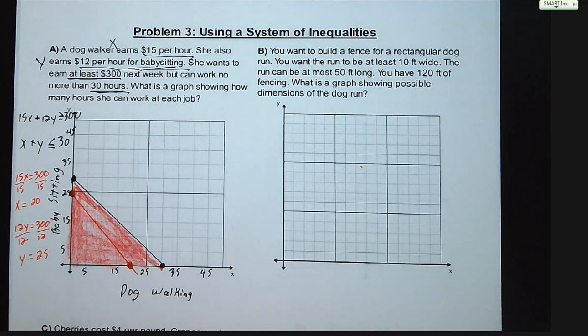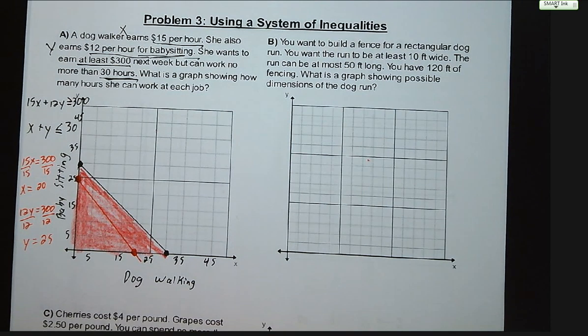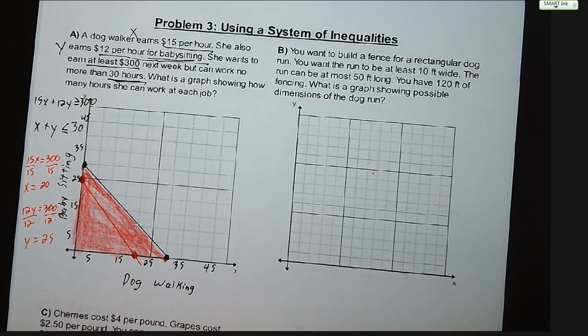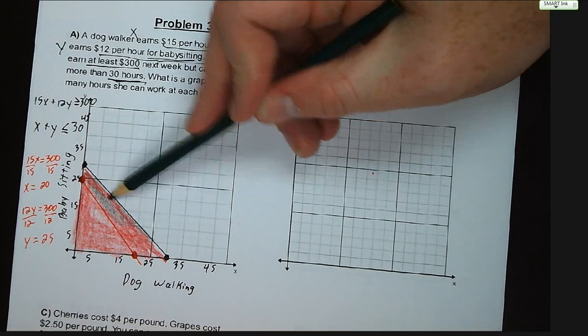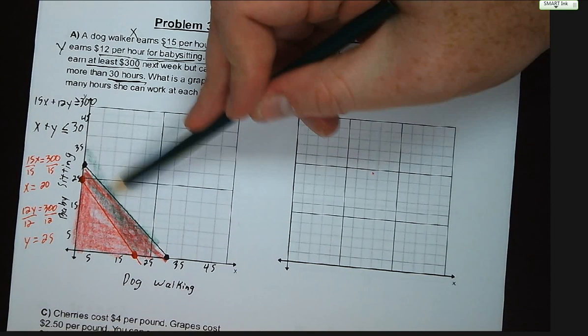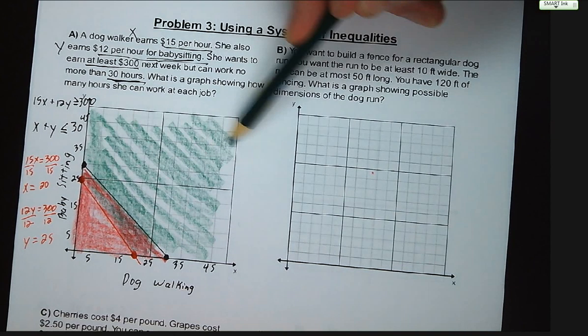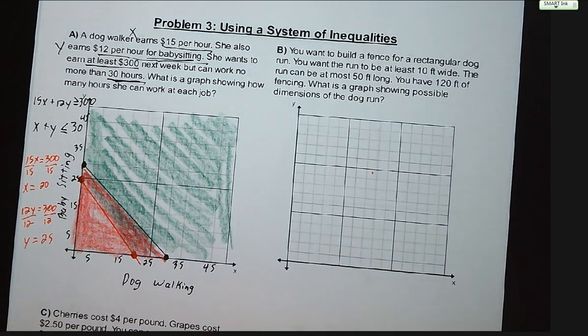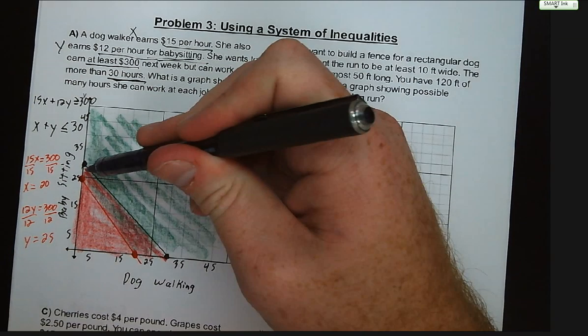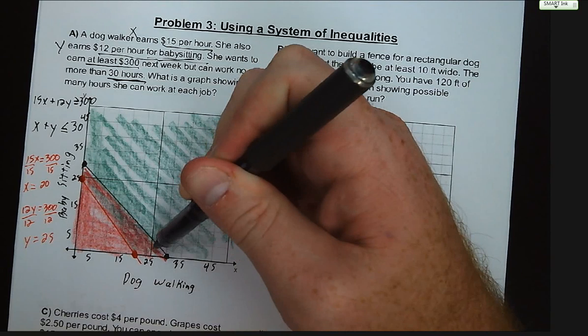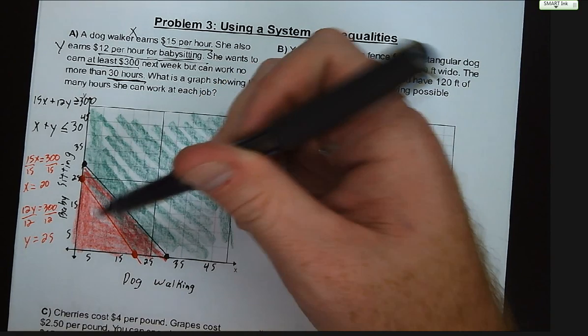And we said that this was going to be greater than, because she wants to earn at least that amount of money babysitting. So we shade the whole rest of the graph. Yay. So our overlapping region, our solution set, is this weird shape right there. Okay?